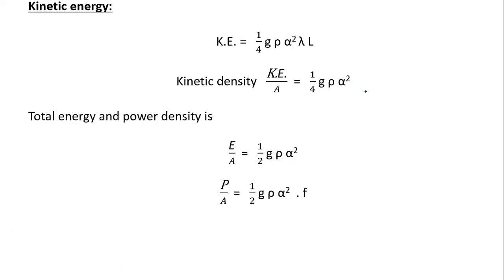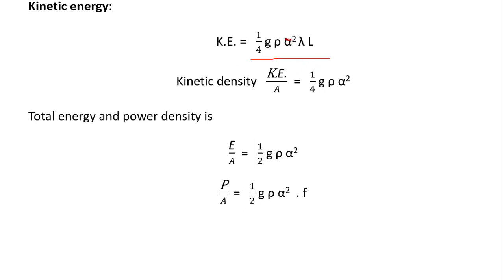Next, coming to the kinetic energy. The derivation of kinetic energy is rather complex and it is beyond the scope of the book also. From hydrodynamic theories, this can be expressed as KE is equal to 1 by 4 g rho A square lambda L. Sorry, this is not alpha square, it is A square.